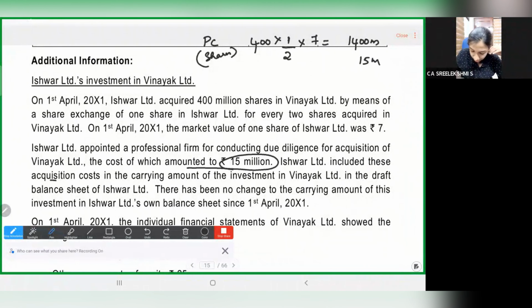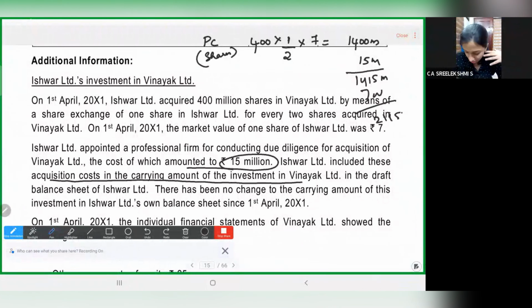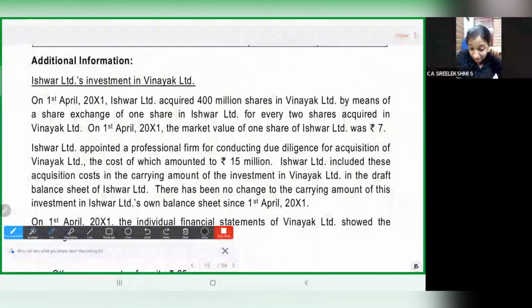The issuer included this in the carrying amount of investment, which means they added 1,415 million. Then there could be some other investments, together 2,115 million given in the balance sheet. So the investment to share capital entry they have already passed. That is how investment has become 1,415.